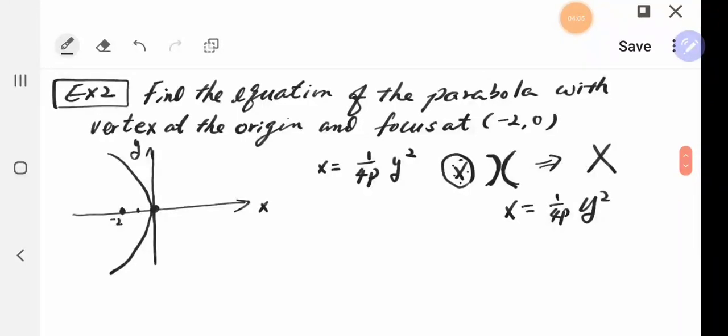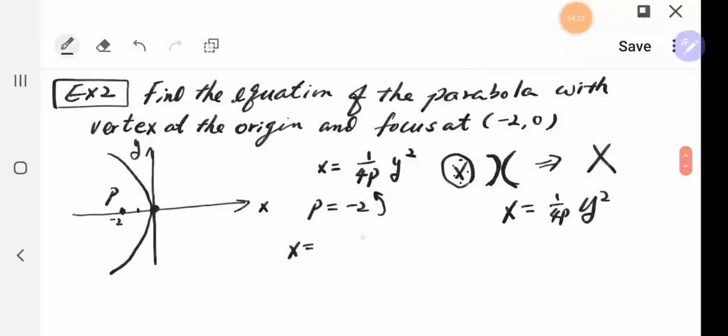So the equation is what? x equals 1 over 4p y squared. So we can use this equation, and since the p value is given, p is negative 2, why don't we just plug in negative 2 for p.